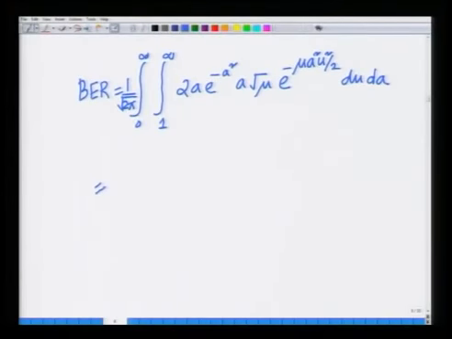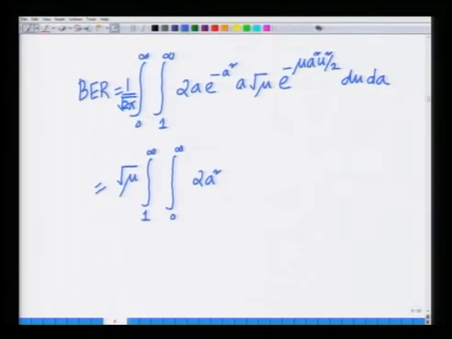I will flip the order of these two integrals to first integrate with respect to a and then integrate with respect to u, and I can write this as follows. The square root of mu is a constant, so that comes out. I will first now flip the order of the integral, which means the u integral comes out, and I will write that as 1 to infinity. The a integral comes in, which means I will write this as 0 to infinity, and this 2a times a becomes 2a square.